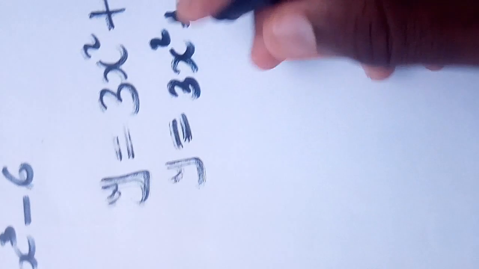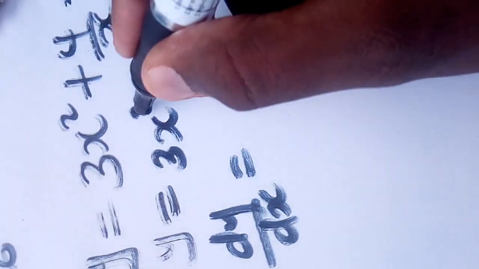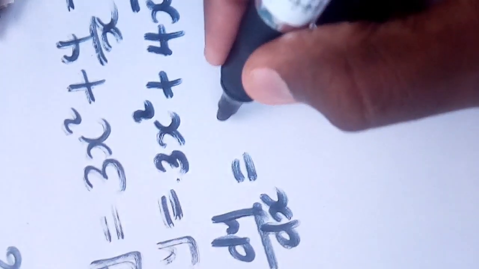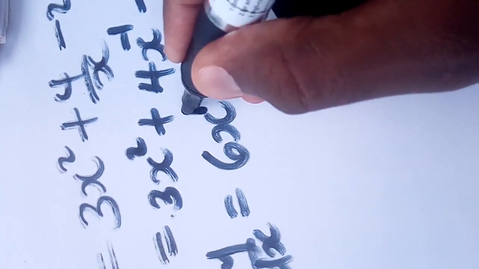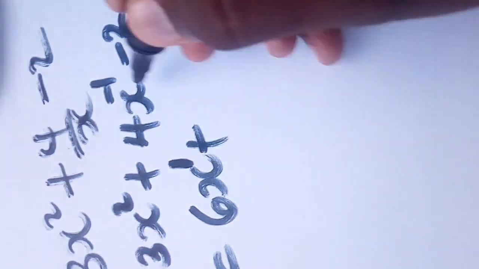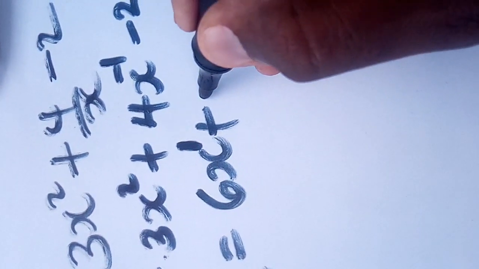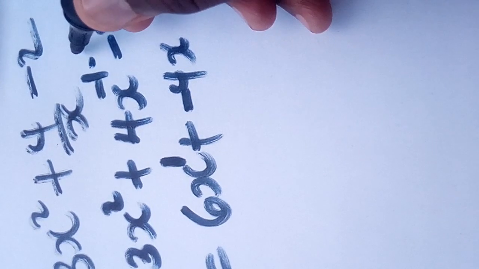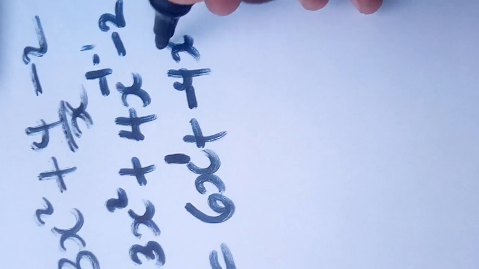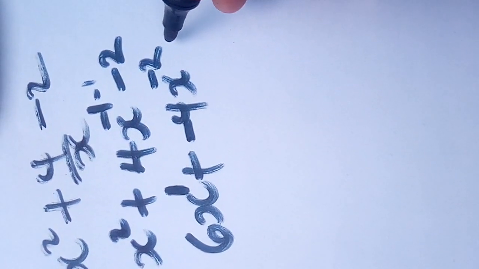So we differentiate every term separately. Dy over dx is equal to our n here in this case is 2, so 2 times 3, that is 6x. The power of x reduces by 1, so we're going to have 1, and then plus our n here is negative 1. Negative 1 times 4 will be negative 4, and then the power of x reduces by 1, so minus 1 will be minus 2, and the derivative of the constant becomes 0.